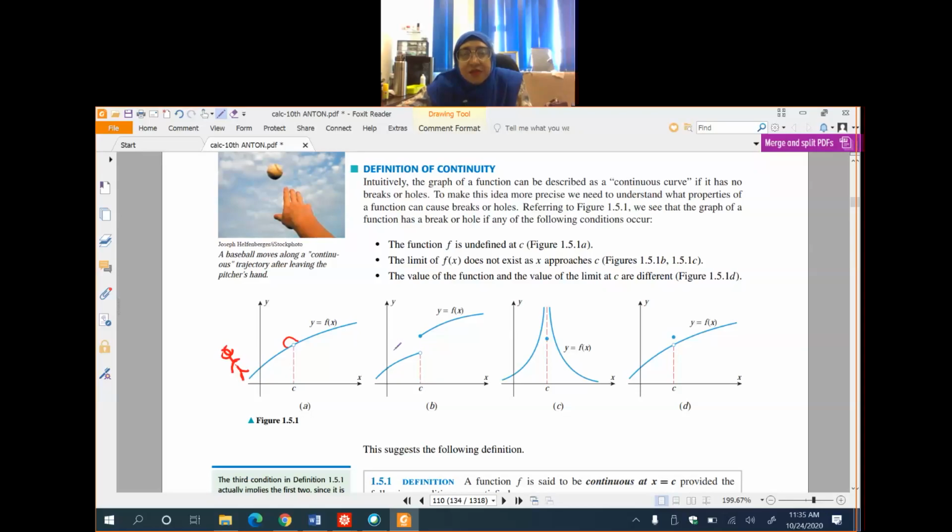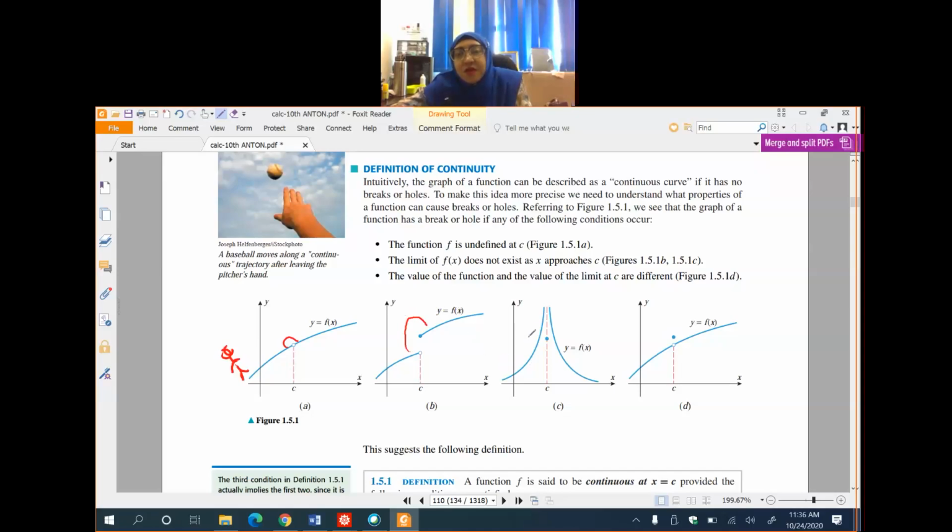So like this one as well. If you have to walk along this graph, you still have to jump whenever you reach this one. It's continuous everywhere except at one point. This one as well, it's continuous everywhere else except at one point. It's this one.